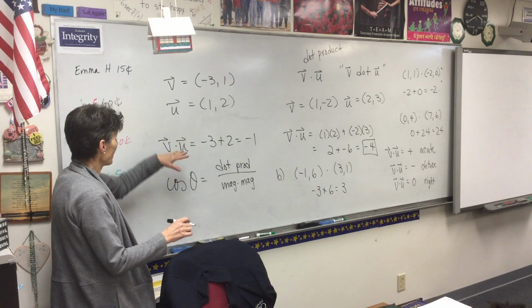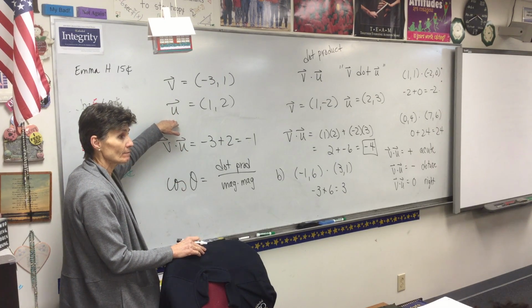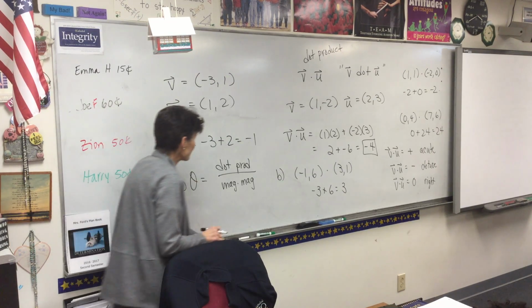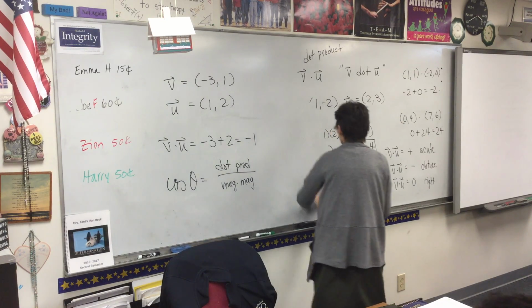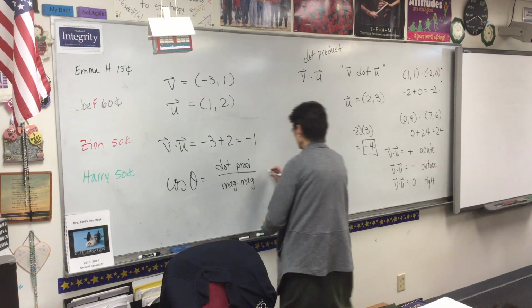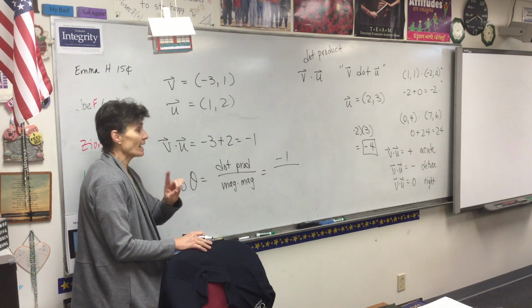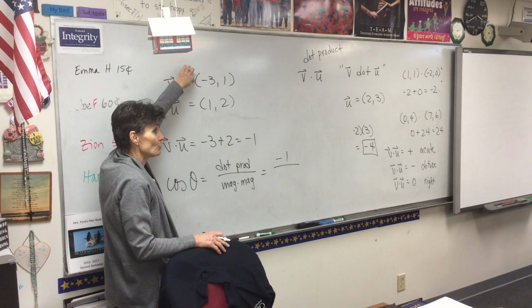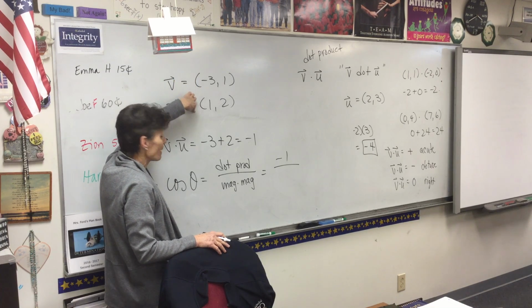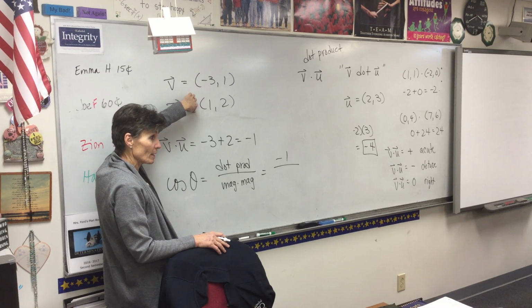Now, remember, I've got two vectors, right? So I found the dot product already, and it was -1. Now, I am going to divide that by the magnitude of this vector and the magnitude of this vector, okay?